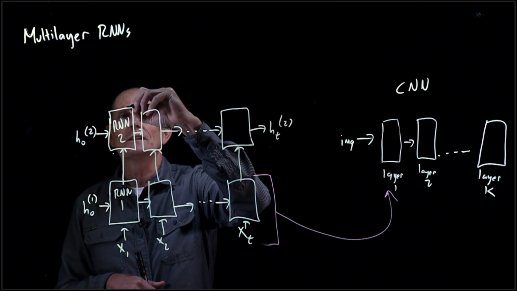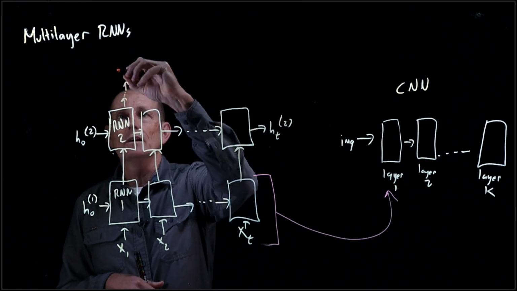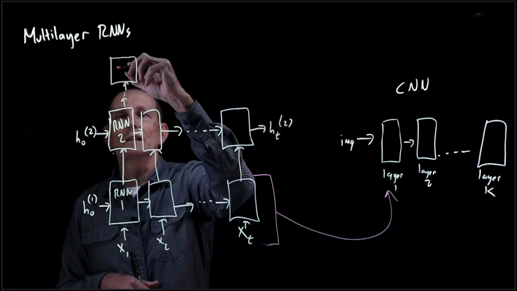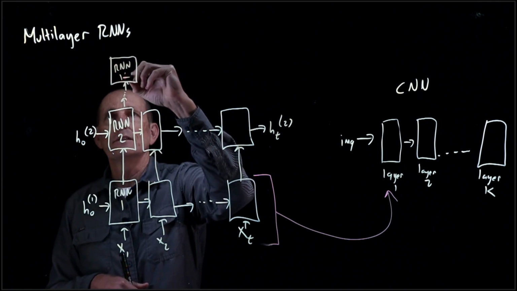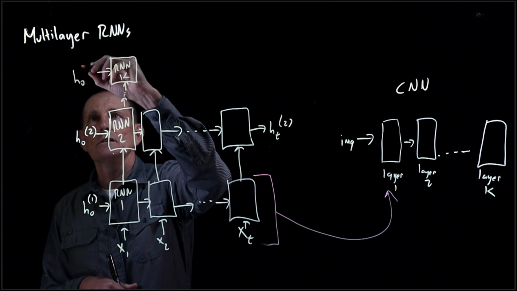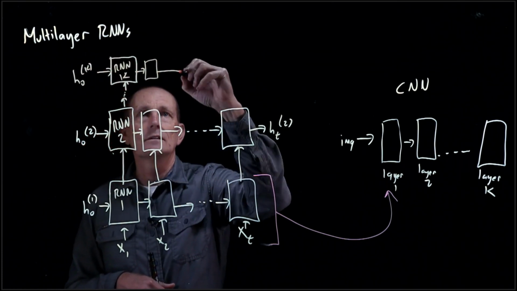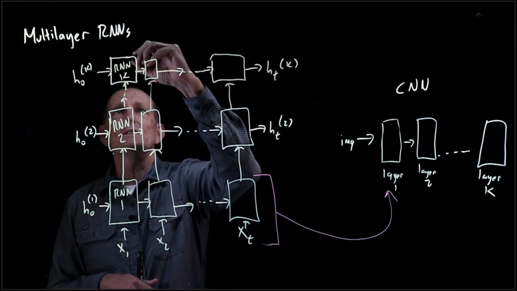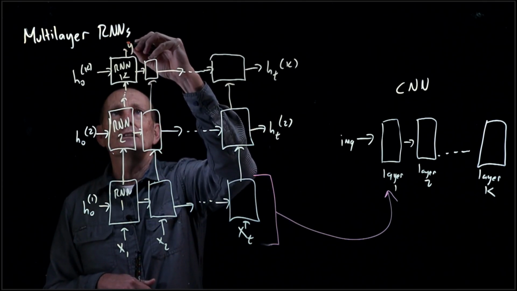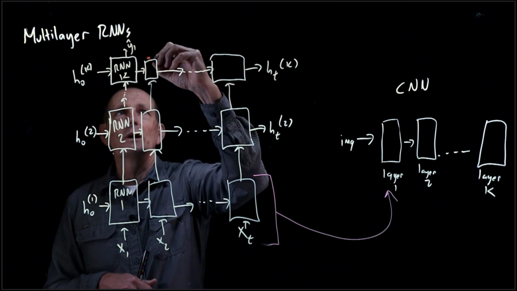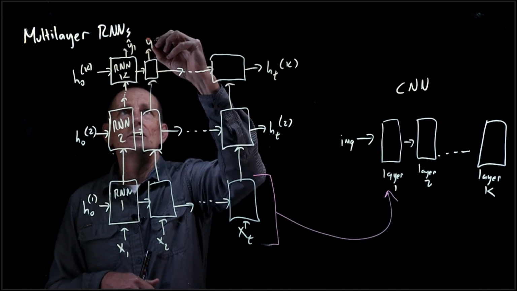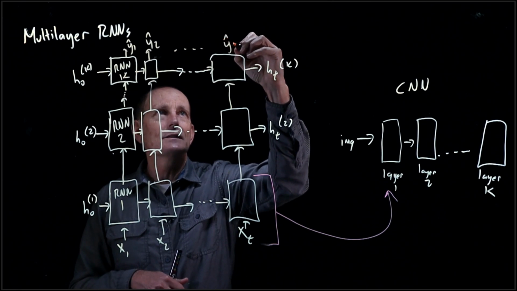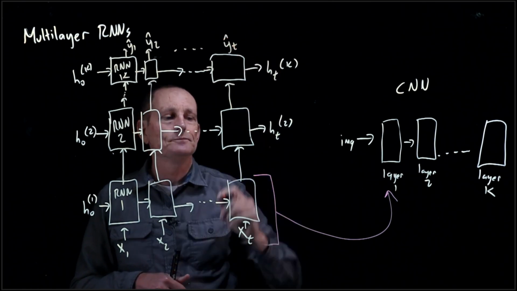We can do this as many times as we want until we end up with an RNN, let's say k, that has an input H sub 0 super k. Our outputs here are our actual y-hats: y-hat sub 1, y-hat sub 2, all the way to y-hat sub t.